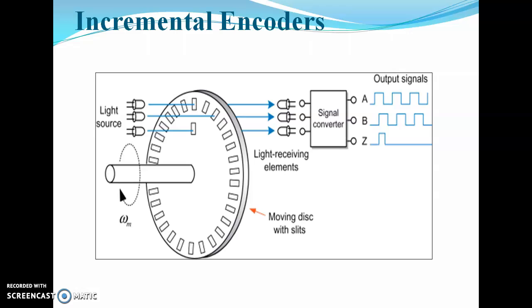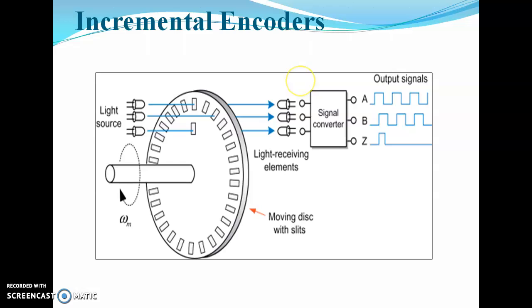Here you can see the construction. This is the rotating shaft which is attached to the moving disc, right? And this moving disc has the slits you can see here. These are the various slits at various angular positions. This is the light source or LED, which will pass the light through these slits in the moving disc, and the light is collected at the light receiving elements or light receiving sensors here.